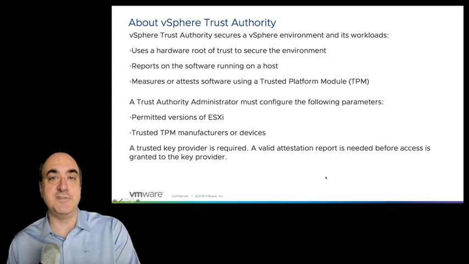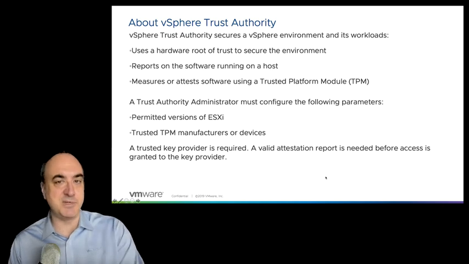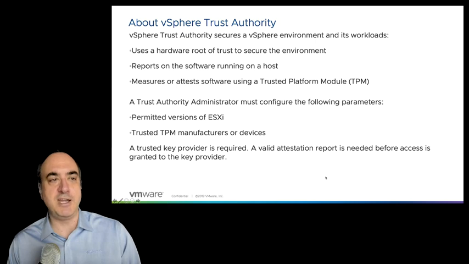If somehow somebody even changes the TPM chip, if we've set it up in the trust authority that it must be this model chip and somebody changed that chip, the host is no longer trusted. What we're defining here is a true hardware root of trust to secure your environment. If anything fails that trusted process, then nothing that needs to be secured can run on that host.